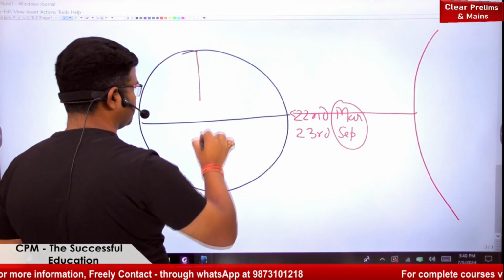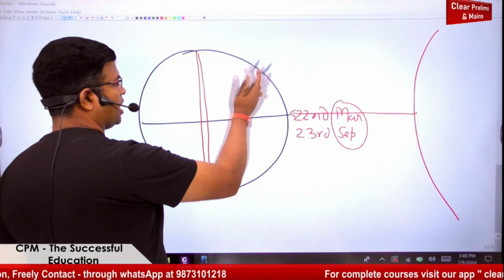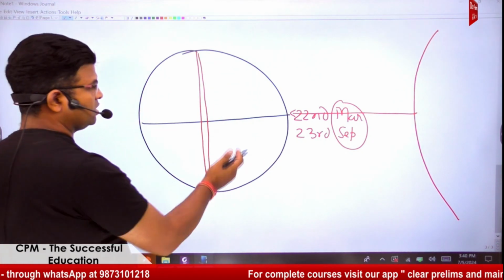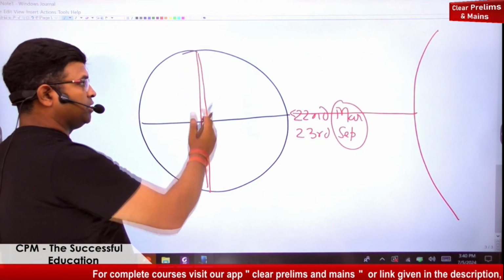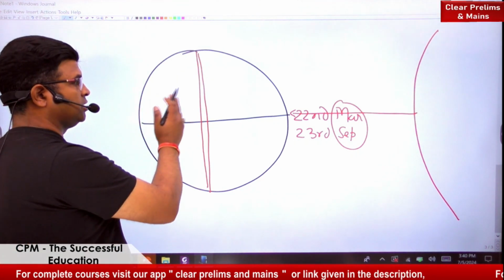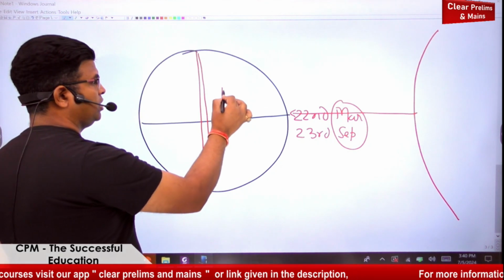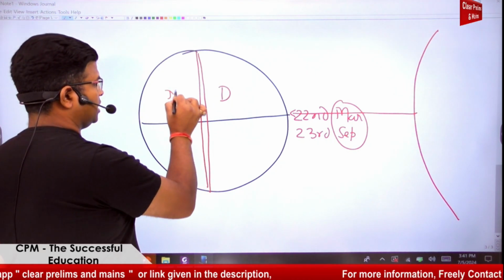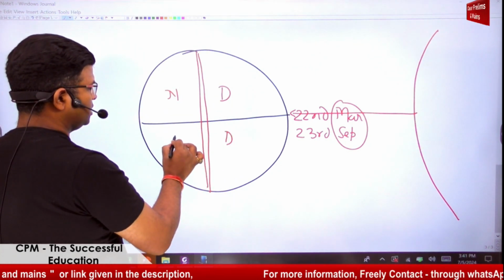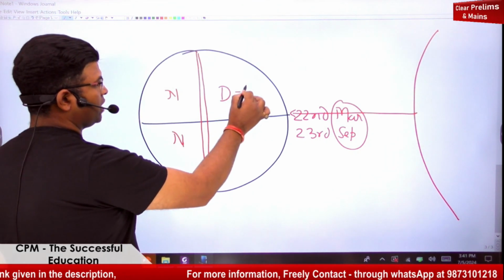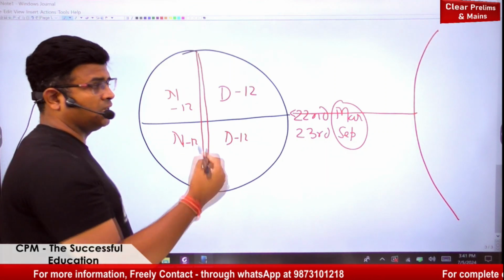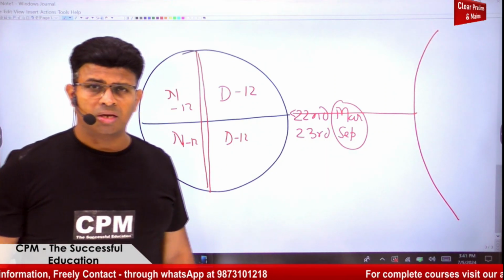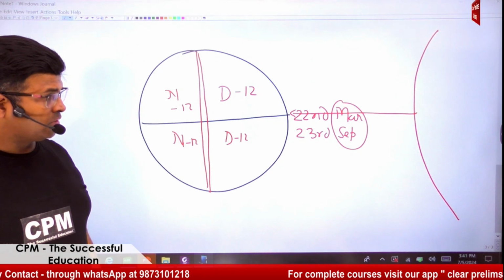At that time, half of the Earth, in the northern and southern hemispheres, everywhere, half the portion is covered with light and half the portion is covered with darkness. So there is a day and a night in the northern and southern hemispheres. It means 12 hours and 12 hours, equal day and night, when the sun rays are falling on the equator.